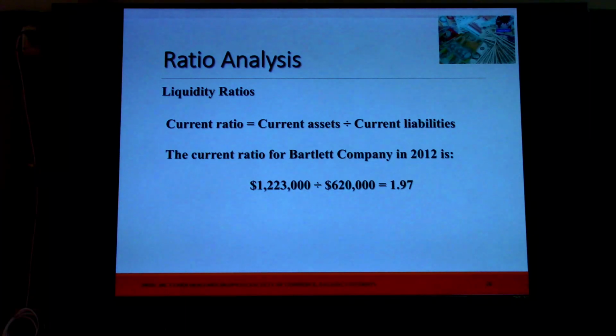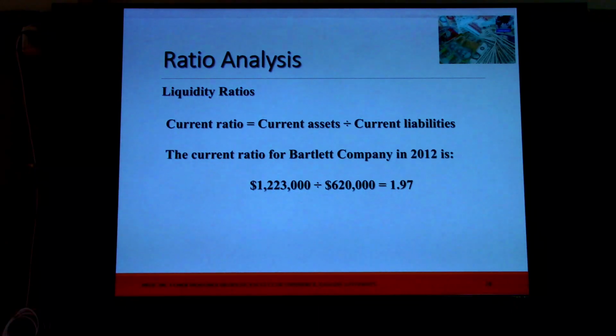If you go to the balance sheet of this company attached in these slides, you will find the current assets are 1,223,000. The current liabilities are 620,000. So the outcome is 1.97.